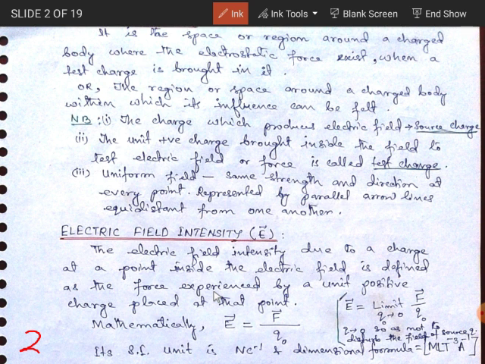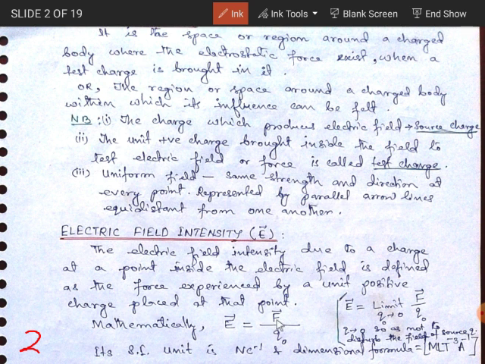Simply like that. But when I say force per unit charge, suppose you are not able to bring that unit positive charge, and instead you bring 5 positive charge, for example. I'm not saying 5 positive coulomb, but 5 positive charge simply.